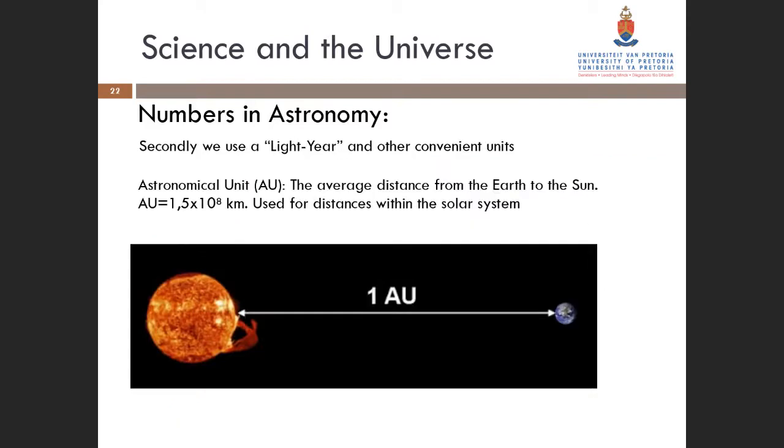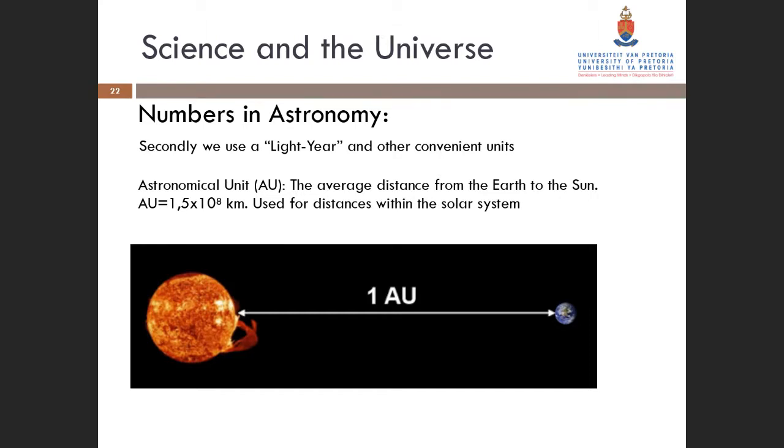The average distance from the Earth to the Sun is roughly 150 million kilometers. So 150 million kilometers is called one astronomical unit. And that is the unit we will be using in astronomy. I'm impressed so far with you guys.